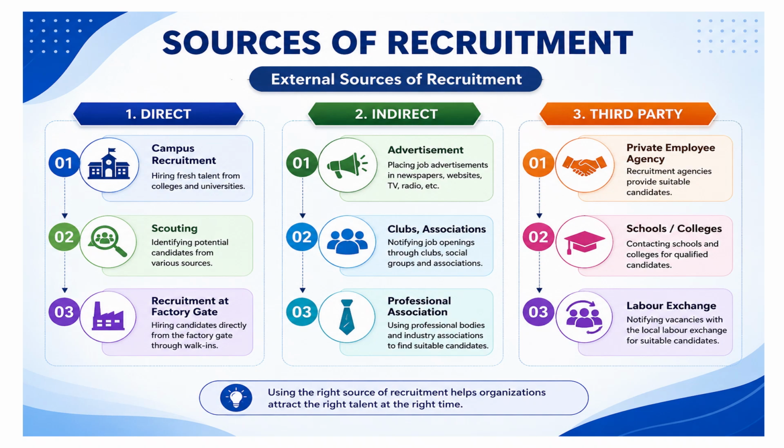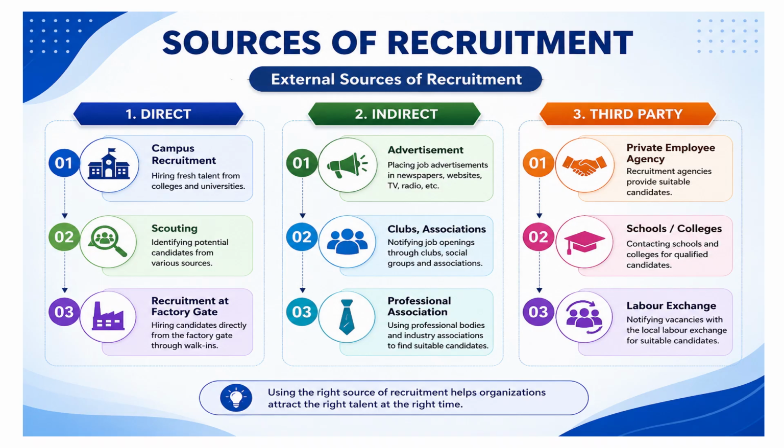Companies directly contact colleges for campus placement. Fresh graduates are recruited before completing their education. For example, companies like Infosys, TCS, and Capgemini regularly visit engineering and management colleges for recruitment.